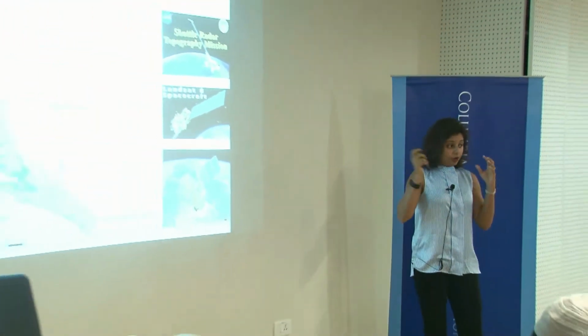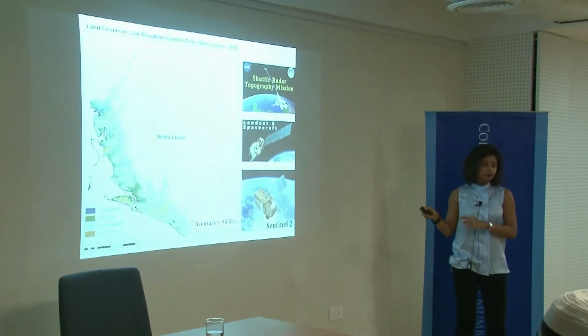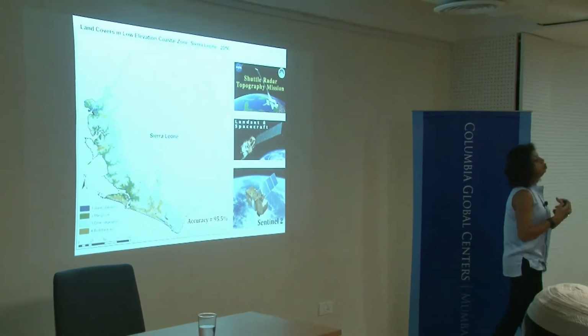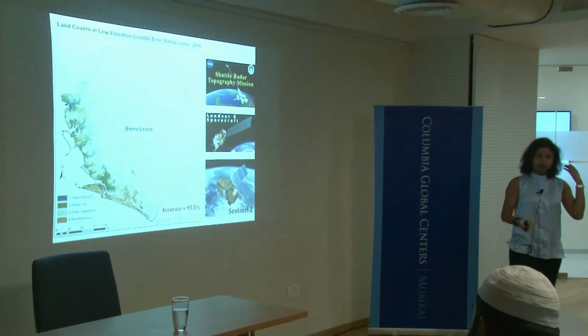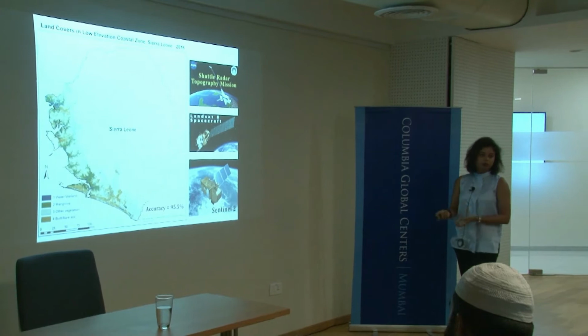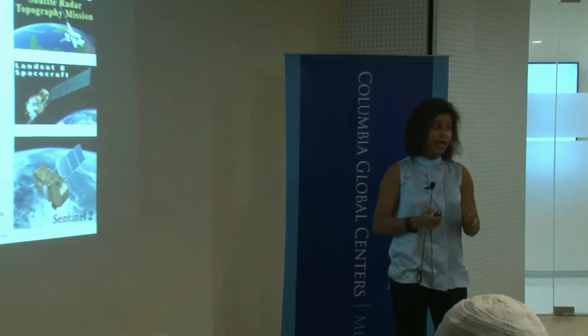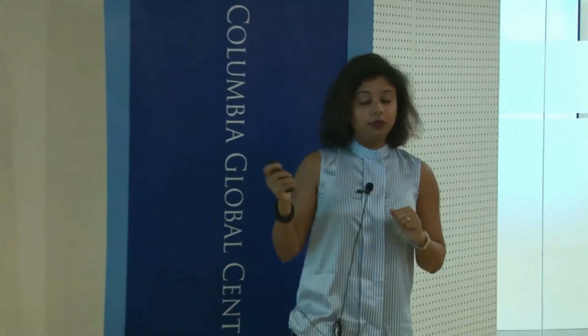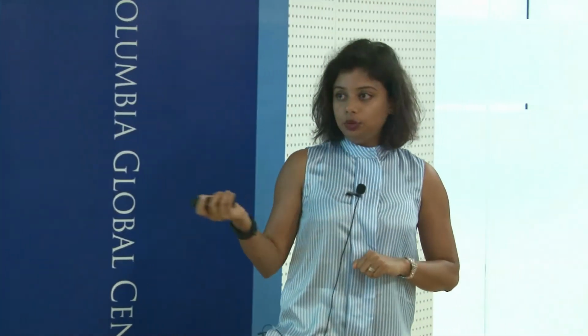For validation purposes, for this kind of mapping, these days you do not have to go out in the field. 10 years ago, you probably had to go out in the field and collect data yourself using a handheld GPS. These days, with the advent of new technologies, we can do that from your office desk.